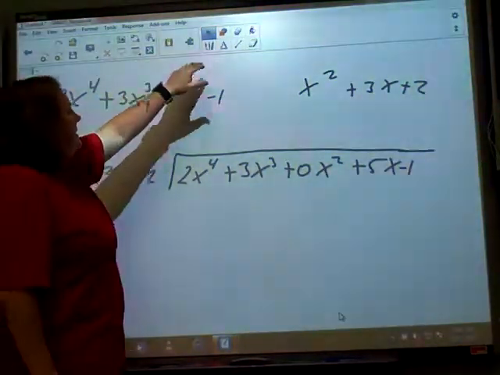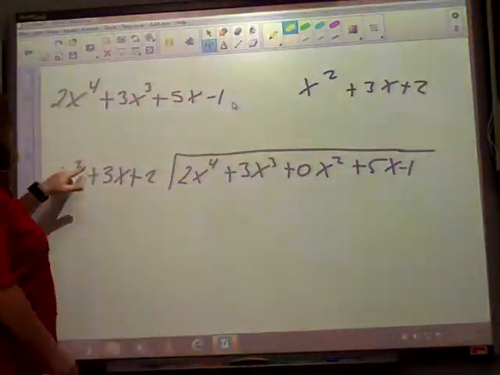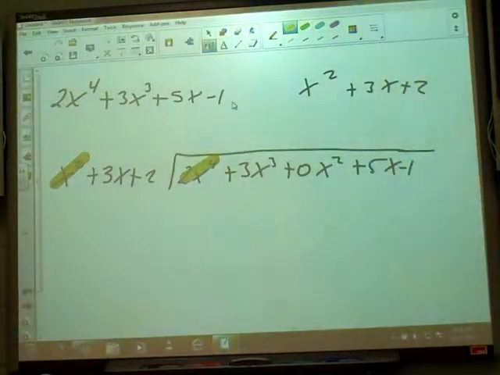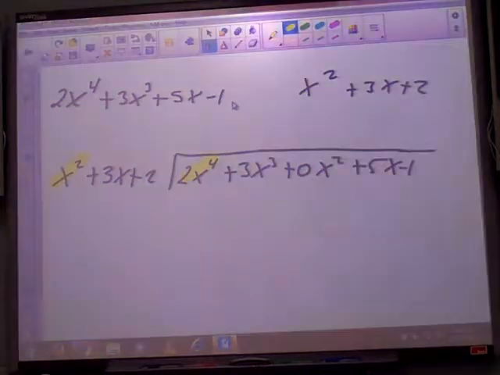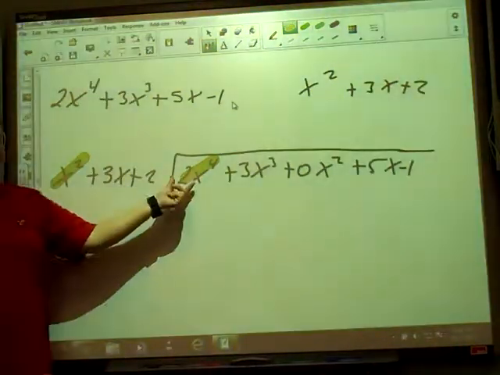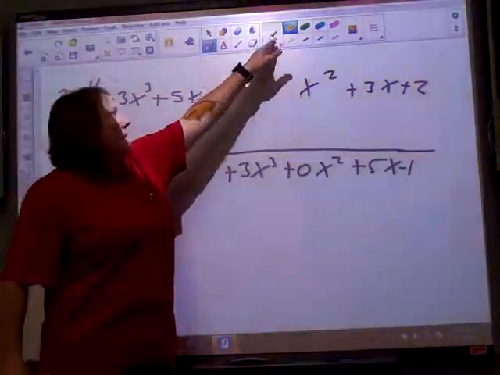Once we get it set up, the process starts with the first one outside and the first one inside. So what we're asking ourselves is, x squared times what will give me 2x to the fourth? It's got to have a 2 in it, right?